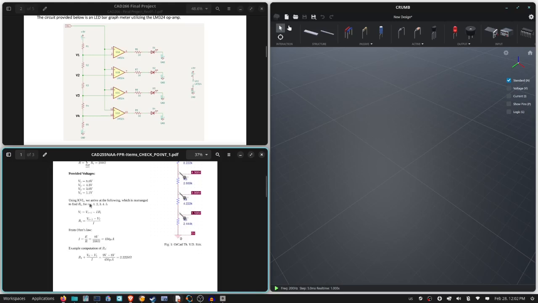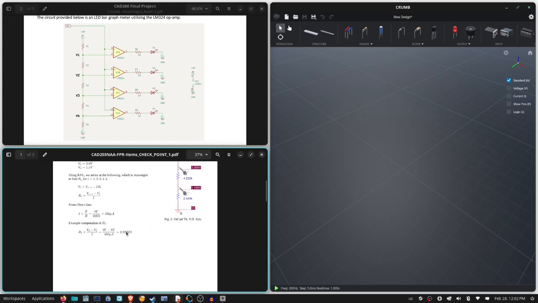And so basically we've come up with this sort of recursive formula that will determine what the resistor value needs to be. Because we know the total voltage from 9 volts to ground, and we know the total resistance, which is 20 kiloohms, we can calculate the total current through the branch. And that comes out to be 450 microamps. And so we can use this to compute every resistor value.